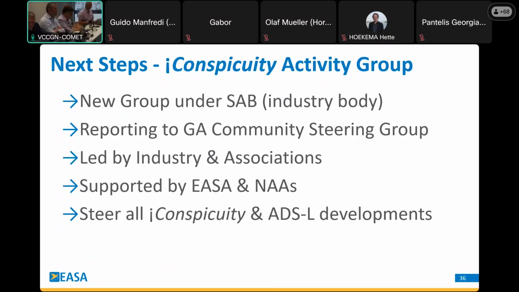We have a dedicated General Aviation steering group underneath, and that group, according to our new rules of procedures of SAB, can create activity groups that will encompass all relevant stakeholders to steer and work together on this activity.